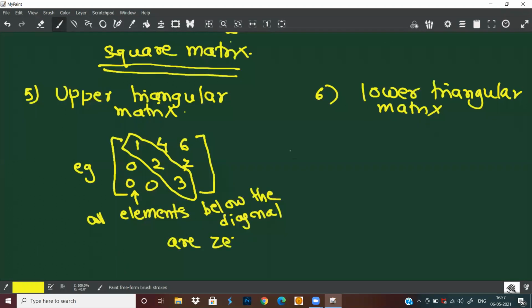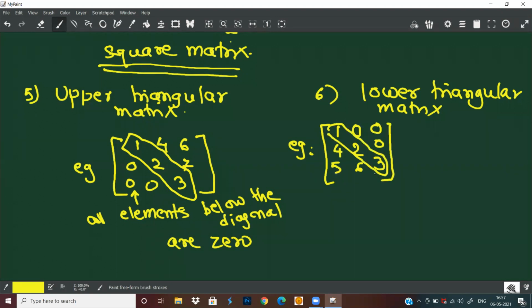You can judge now what lower triangular will be: all the weight below, meaning this is the diagonal. Yes, yes. No, Shreya, all elements.